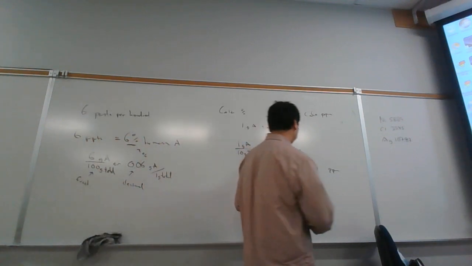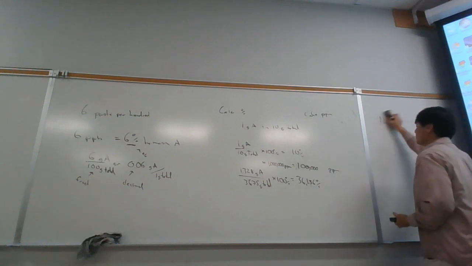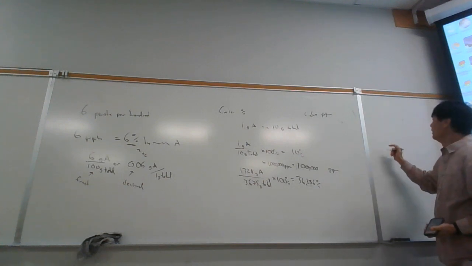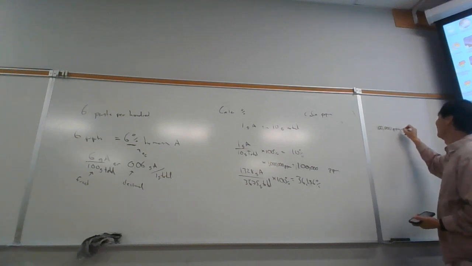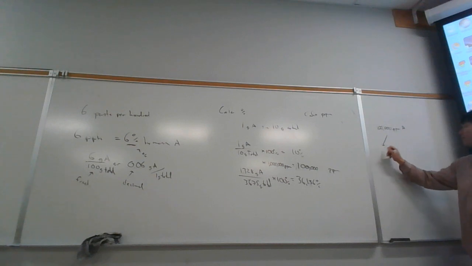So, parts per million, you just use the same rules. And so if I had 100,000 parts per million A, then I can write that in different ways. One way I could write that is in fractional form.